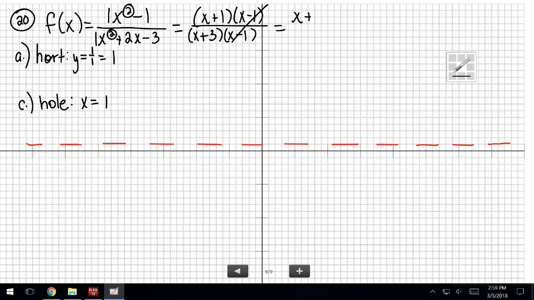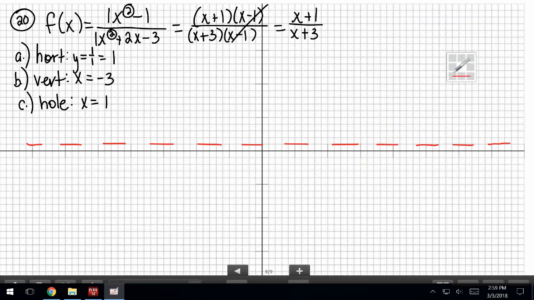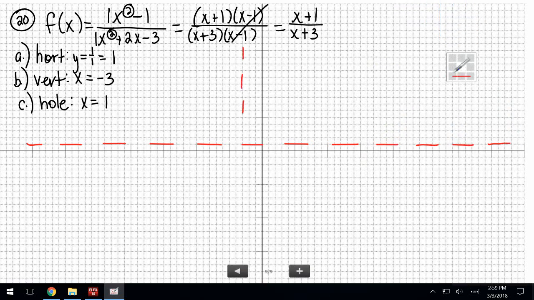And what's left on the bottom would be where my vertical asymptote is, which is at -3. So I'm going to go to -3 and put my vertical asymptote.